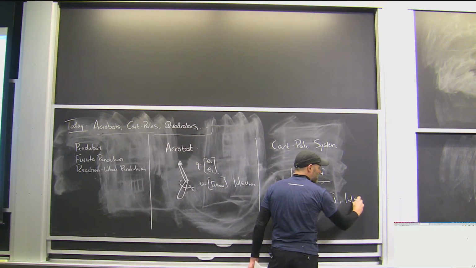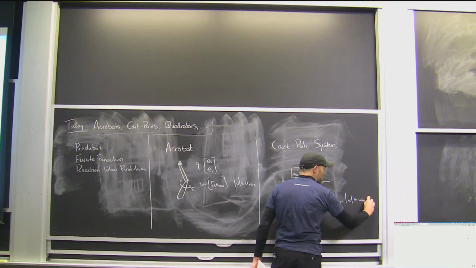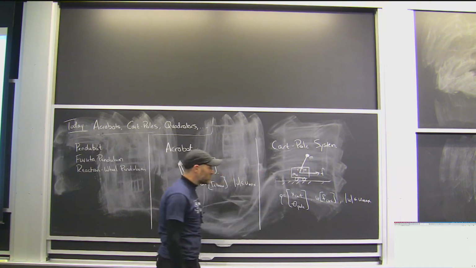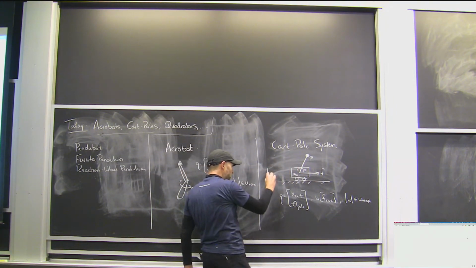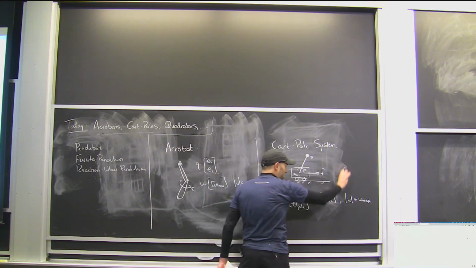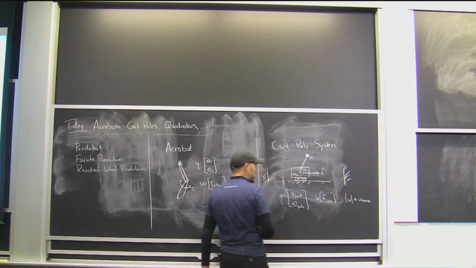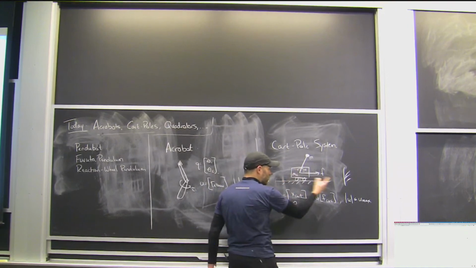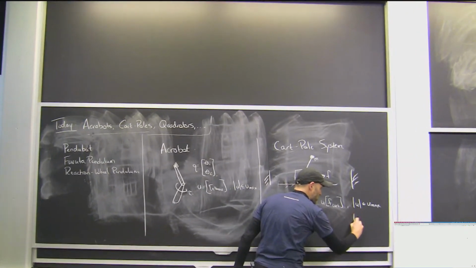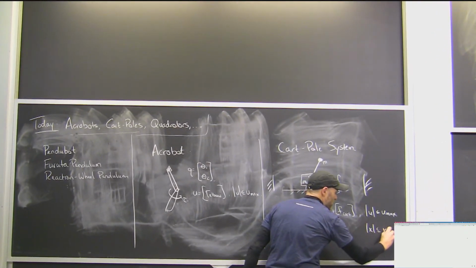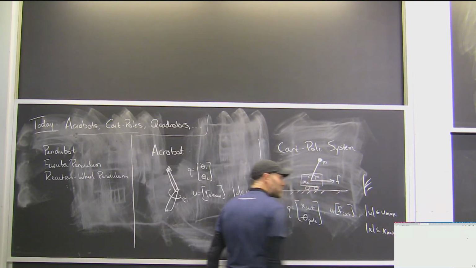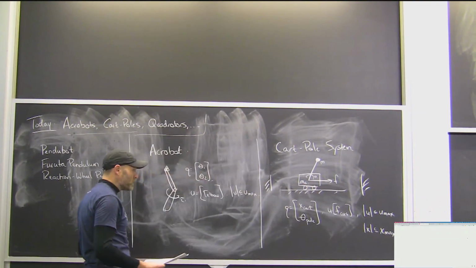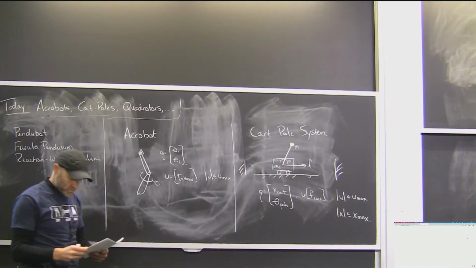I'm going to say that U is again limited to make it interesting. And this one also often in practice has some other constraints, like it's on a track or something, and you don't have an infinite run on the cart. So you actually have some constraints that look more like this, too, some state constraints. Otherwise, you run into the wall.